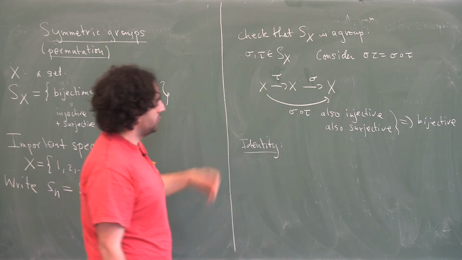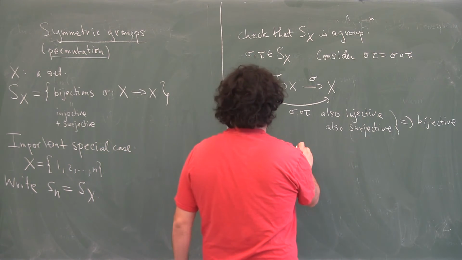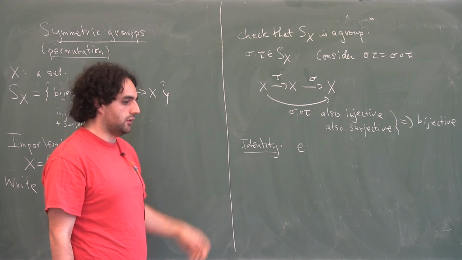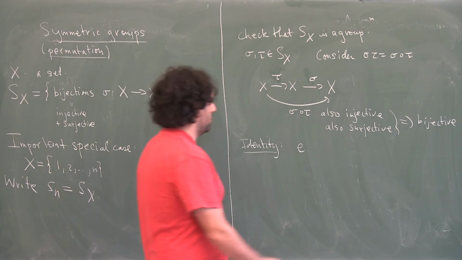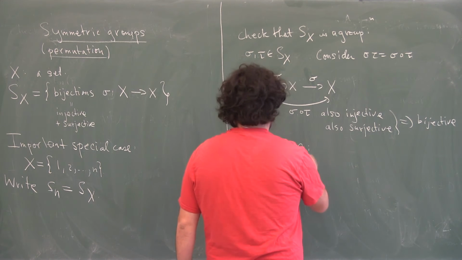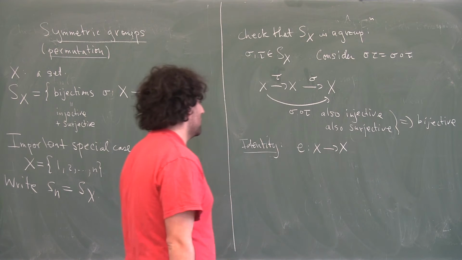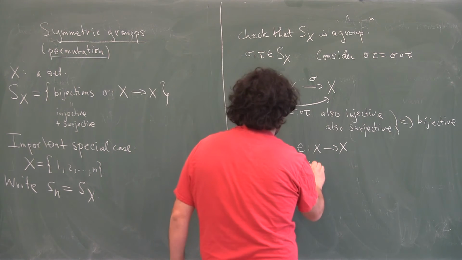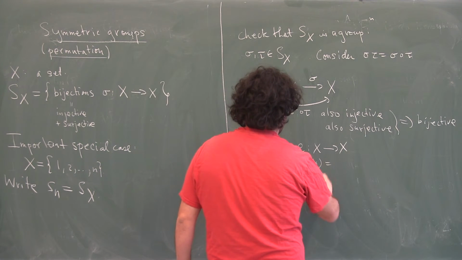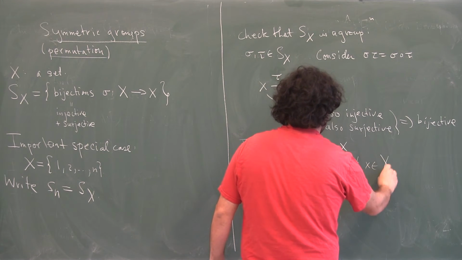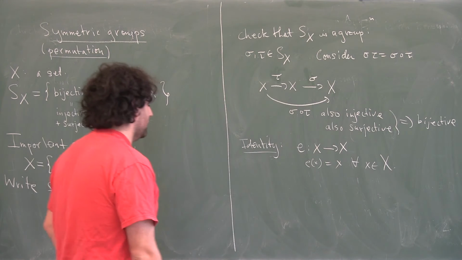The identity permutation, I will often write it E as the identity of a general group, is the function from X to X that fixes every element. So E of little x is equal to little x for all little x in big X.